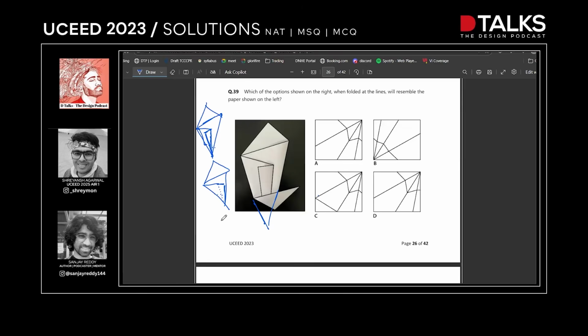Now we will open this. Then you're going to get something like this, and this fold.